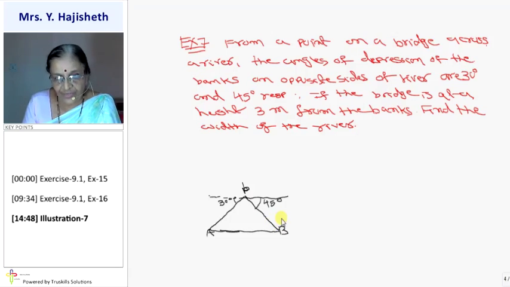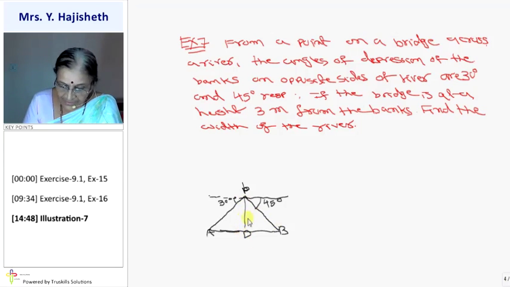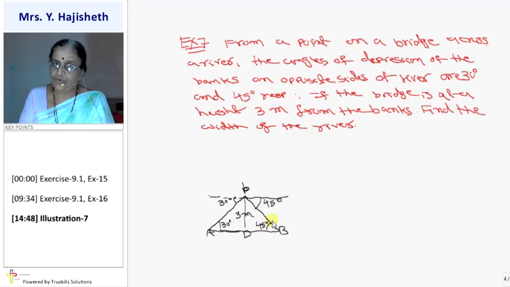This is 45 degree. If I draw PD, then what does PD represent? The height of the bridge, and that is given as 3 meter. So this 30 is coming down as 30 degree alternate angle. This 45 is coming down as 45 degree pair of alternate angle.